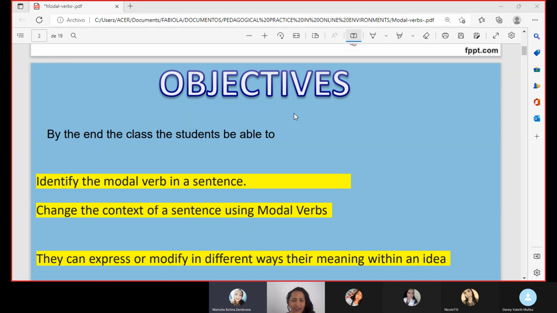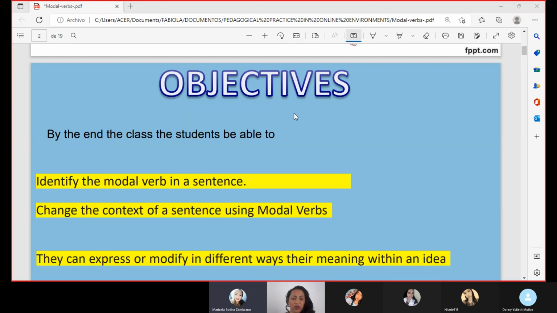Identify the modal verb in a sentence. In a sentence. What else? Change the context of a sentence using modal verbs. Continue. They can express or modify in different ways their meaning within an idea.